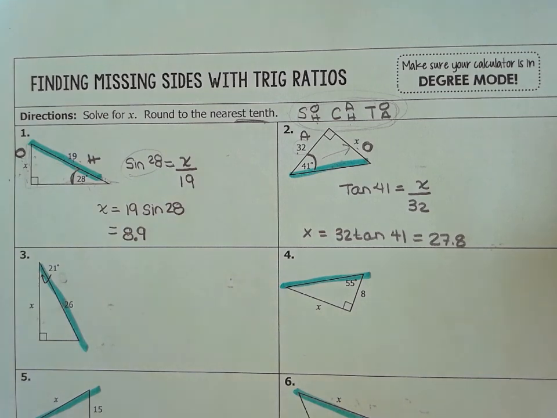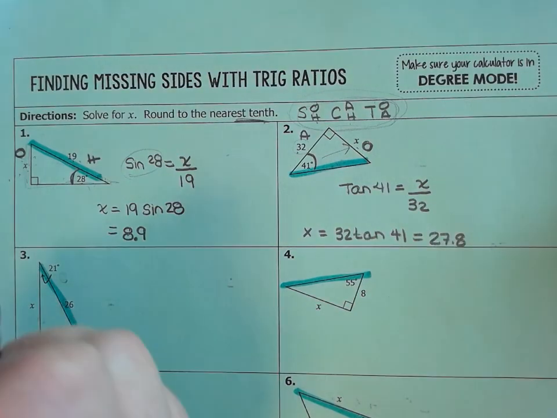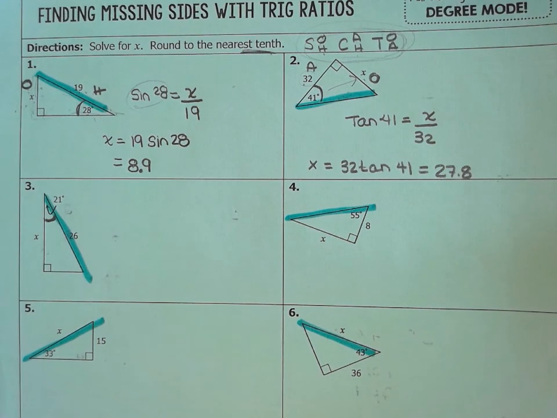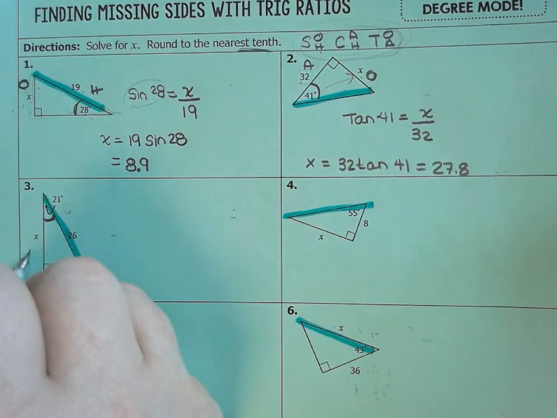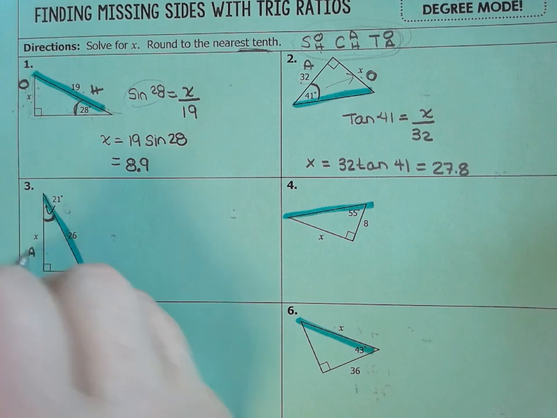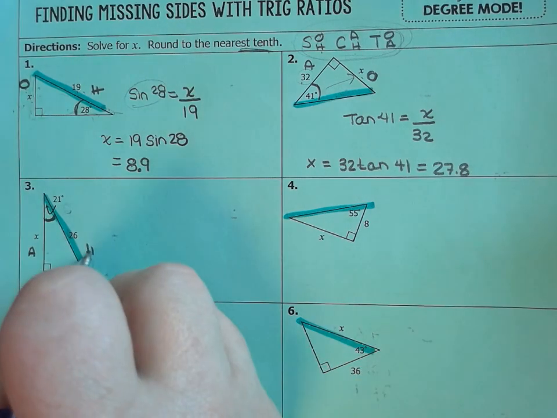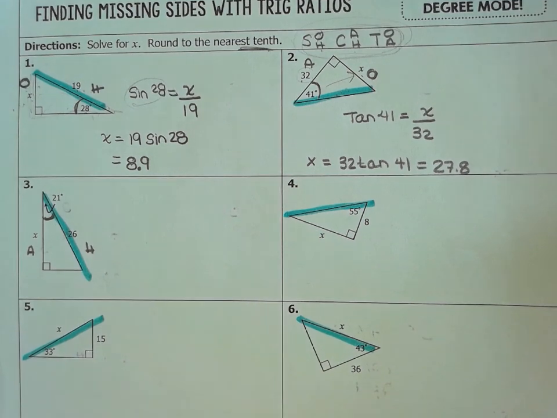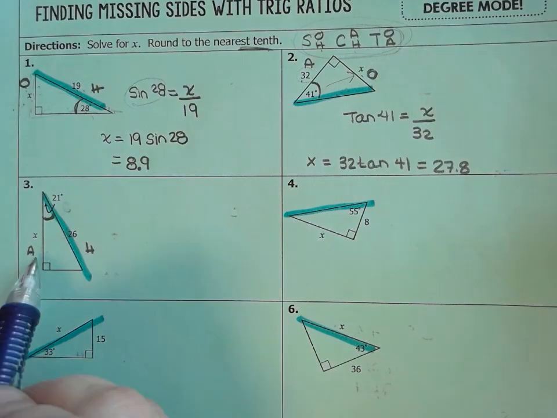So let's do these next two. Once again, I mark my angle. That's the 21 degree angle. And according to this angle, this is the adjacent side, and this is the hypotenuse. It always just makes it easier for me when I label the hypotenuse. All right. So which trig ratio uses adjacent over hypotenuse?